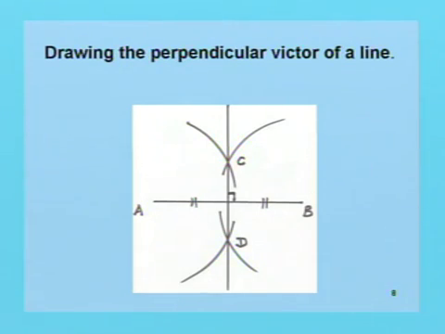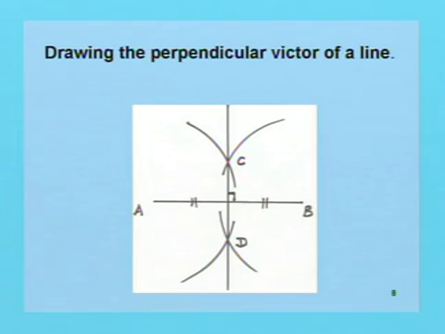Then center B, without changing the radius, make two similar arcs, one above, one below, to cut the two previous arcs. The arcs intersect above at C, the arcs intersect below at D.